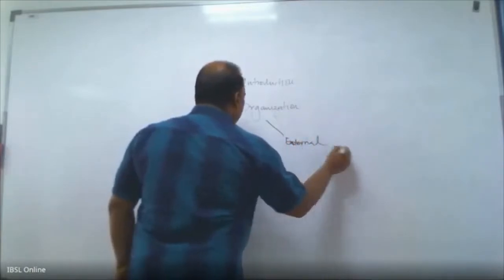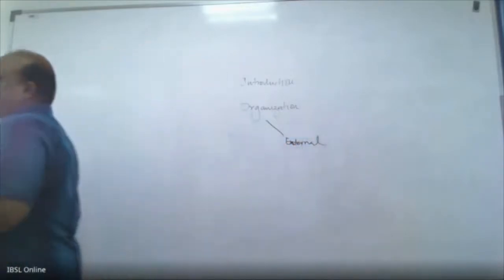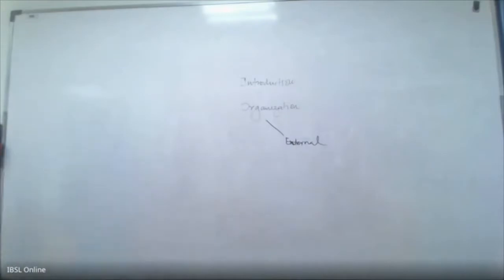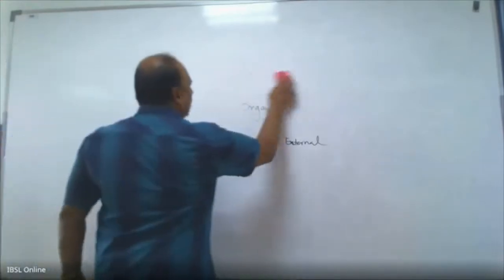For example, if you are working in a bank, if you look at a bank as an organization, it has to interact with the Central Bank of Sri Lanka, who is the regulator. That is the external environment in which you have to operate. So that is basically what we did last week.